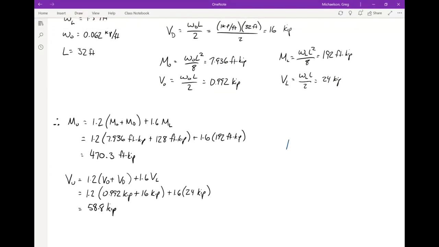For this step, Mu is 470.3 foot-kips, and then Vu is 58.8 kips.